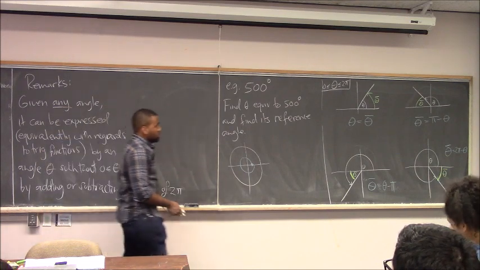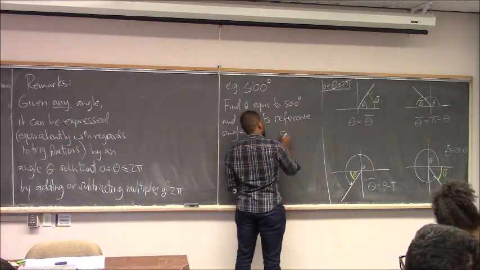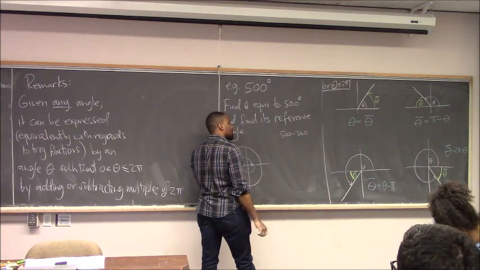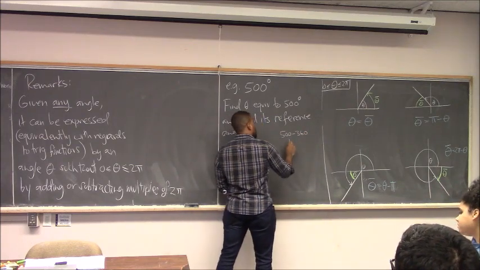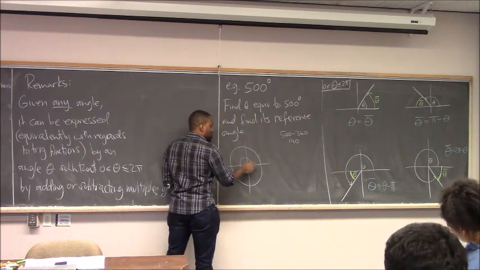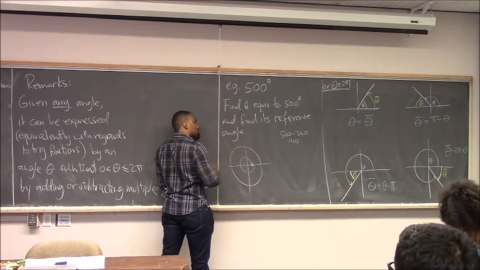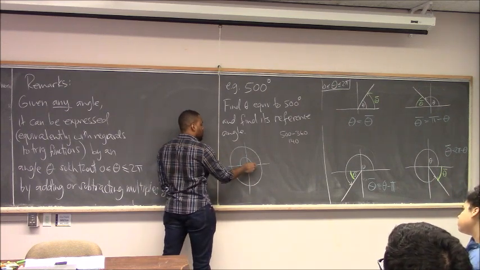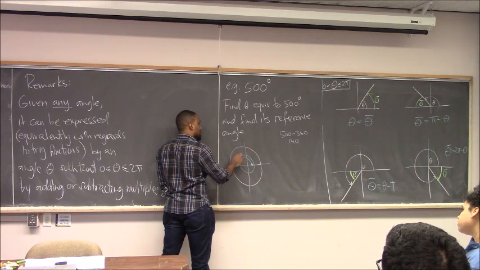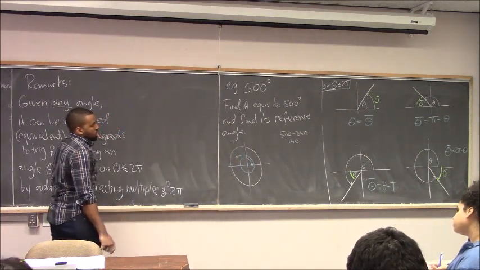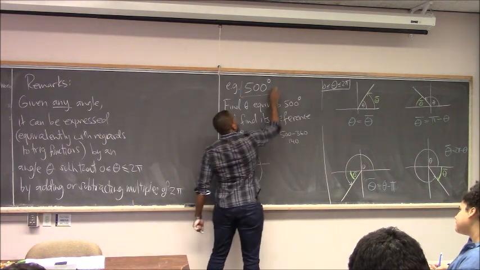Well, you can take 500 minus 360. What would you get? 140. So now you can pretend you're starting from the beginning and measure off an additional 140. I know to go all the way over here is 180, so 140 is definitely past 90; it's going to be over here somewhere. So now that's your 500 degrees.